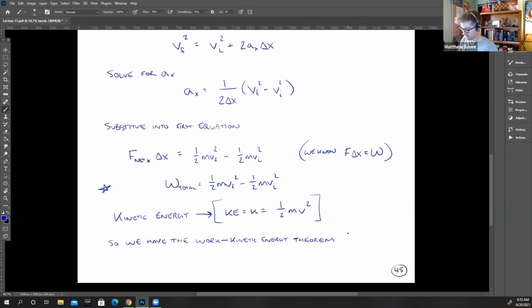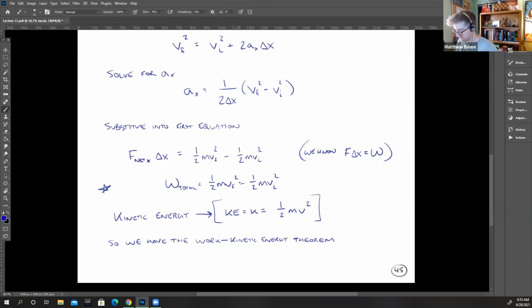If you look at this equation I have the star next to, that's just the final kinetic energy minus the initial kinetic energy. It's all related to the object's velocity.